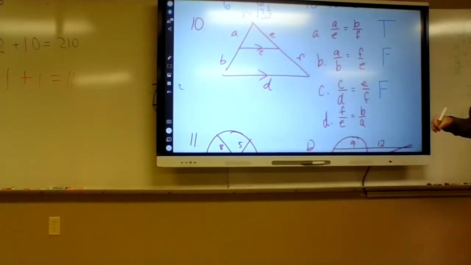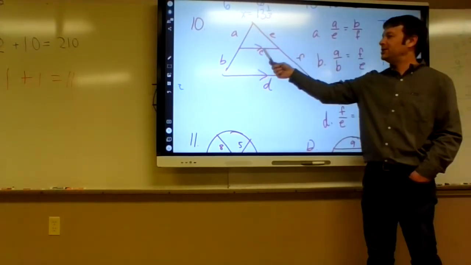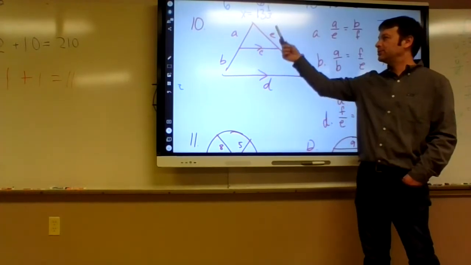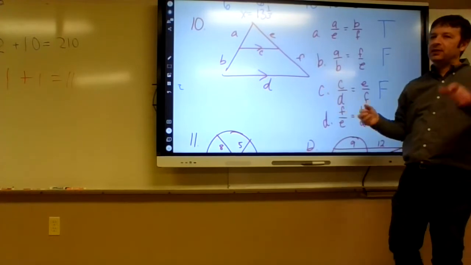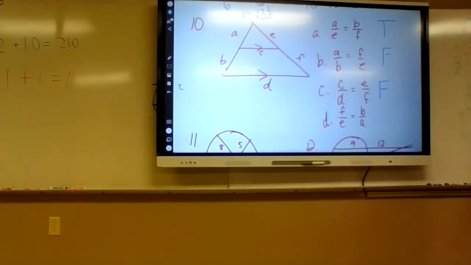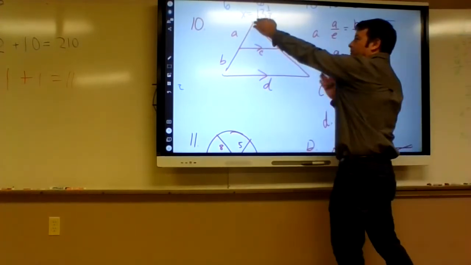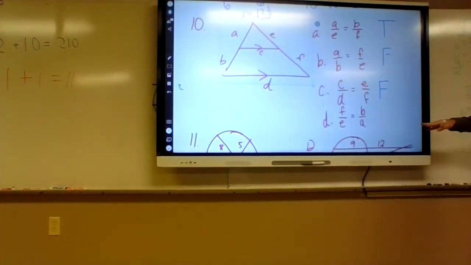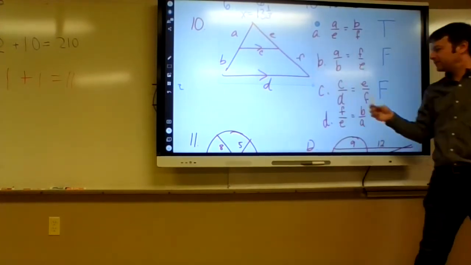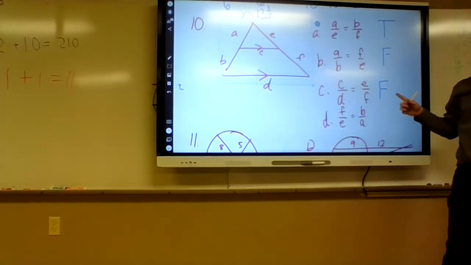It should be C over D equals E over E plus F. Little triangle over big triangle should equal little triangle over big triangle. So big triangle is not F, big triangle is E plus F.